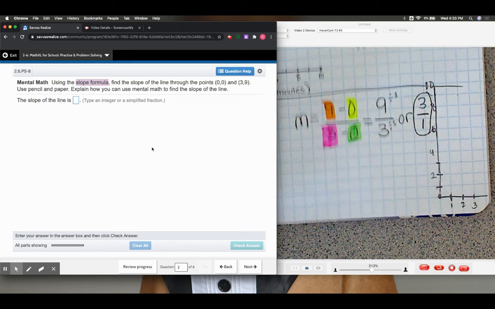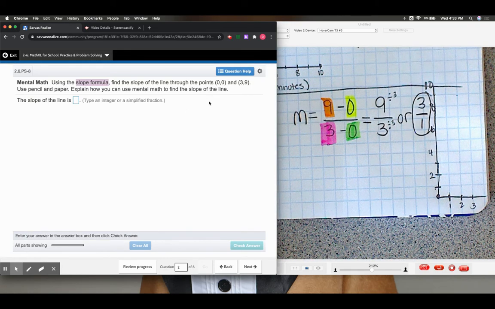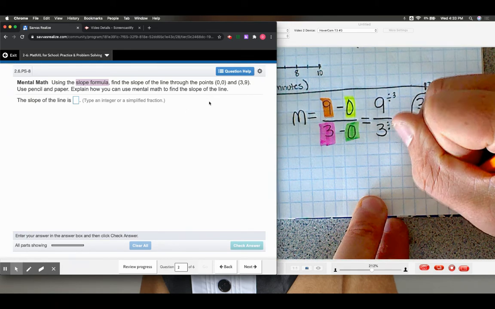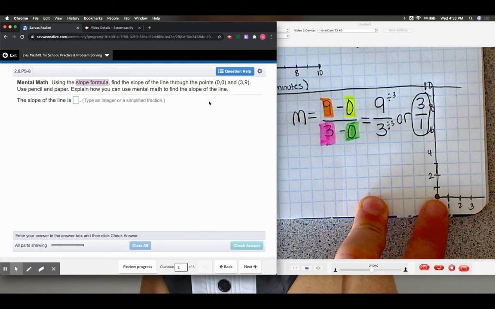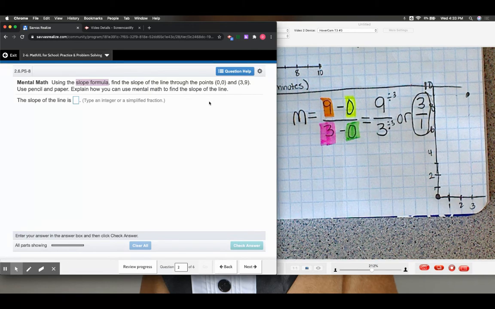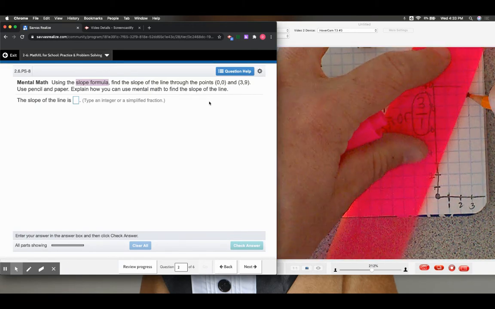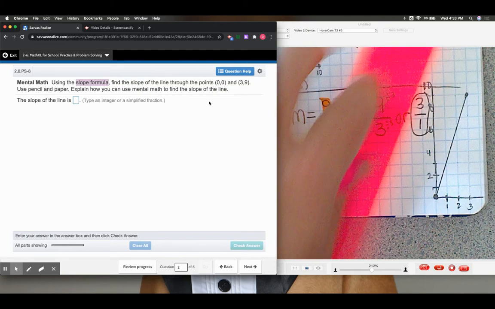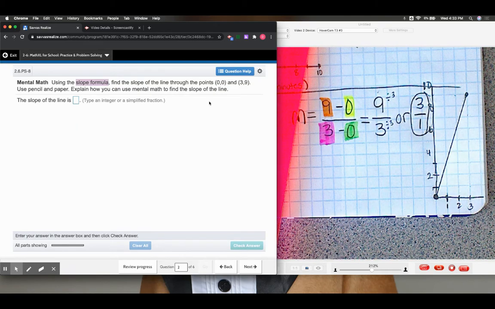So the 2 points that we had from the original problem was 0, 0, the origin, right where my finger is, and then 3, 9: 1, 2, 3 across, then 1, 2, 3, 4, 5, 6, 7, 8, 9 up. I'm going to show you that the line is going to rise 3 and it's going to run 1. So watch this.